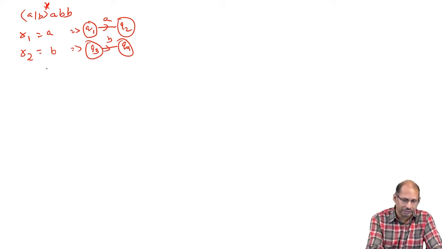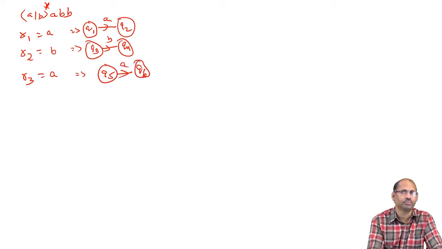Now, what is next? We'll say R3 once again A, Q5 on A goes to Q6. Then, what is the next symbol?